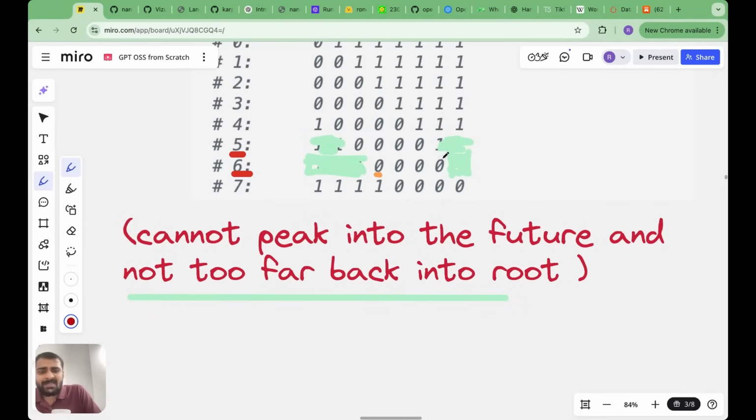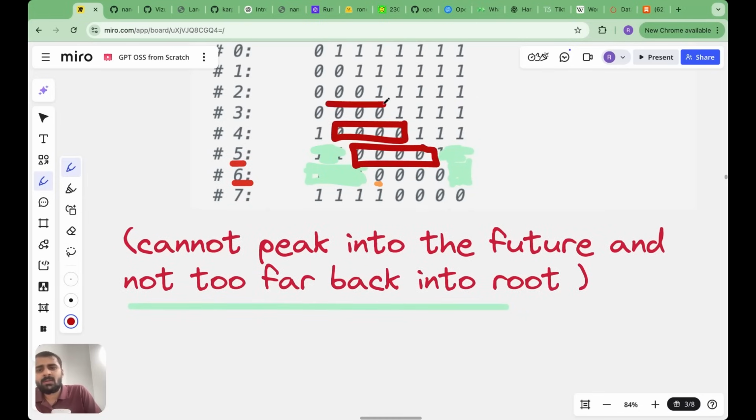The reason it's called sliding is that this window just slides or shifts to the left hand side as we move up the tokens, but its length remains the same. It always remains equal to 4 as we shift up, right? So this is called sliding attention. It is causal attention, but it makes sure that we do not peek far back into the past.